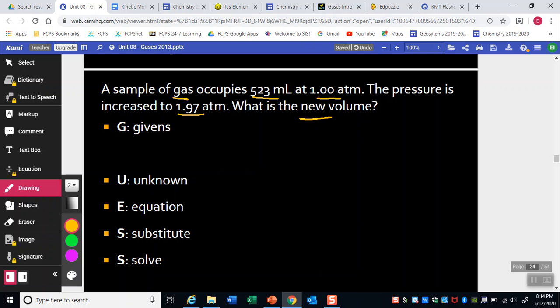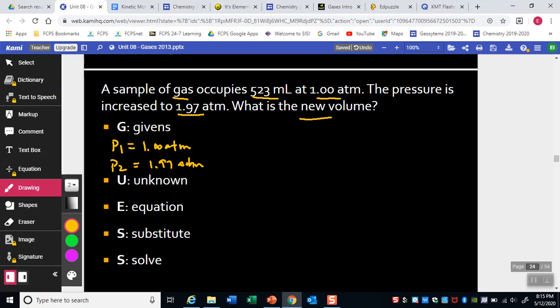I'm given pressure, right? My first pressure is 1 atmosphere, and my second pressure is 1.97 atmosphere. So the pressure went up. I increased the pressure. So that means my volume's got to go down.